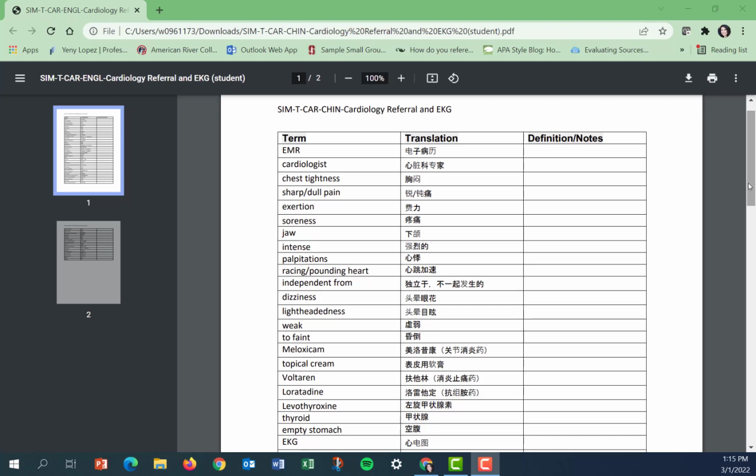Palpitations. A hint for this one is make sure that you do not confuse palpitations with heartbeat. Remember that palpitations are not a regular heartbeat. It can be a sensation that the heart is racing, pounding, fluttering, or skipping a beat. My heart is racing.